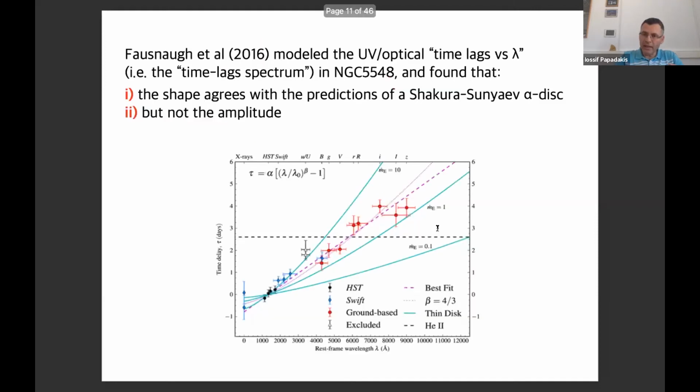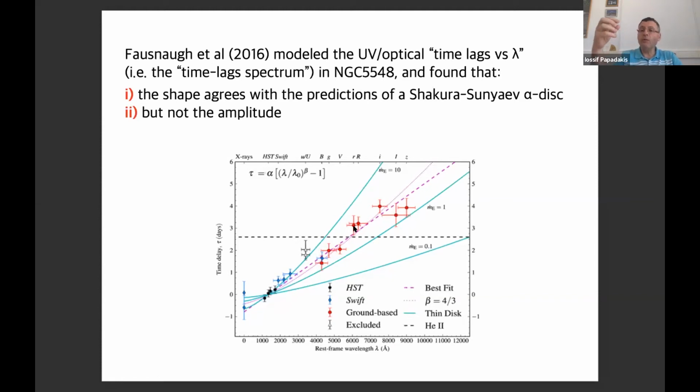And people had done this modeling, and it's not just with 548, there are quite a few more sources I'll show you later. What I show you here is wavelength on the x-axis, and on the y-axis, time delays. Okay, this is 6,000 angstrom.